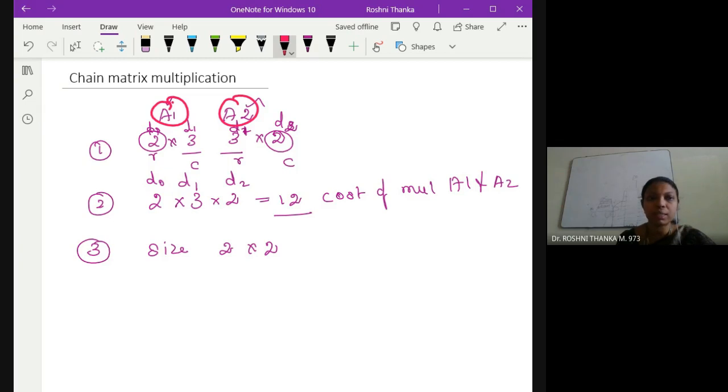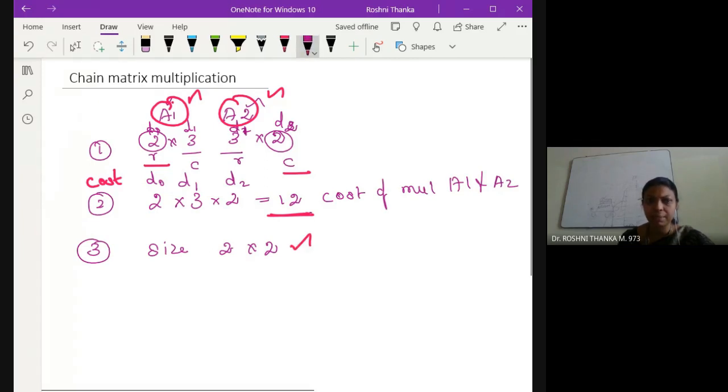We take D0, D1, which are the same, so we take one, D0, D1 and D2. When you multiply, the cost is 12, which means the number of multiplications required. And when I multiply A1 and A2, for the resultant matrix I have to take this row and this last column, and that will give you the resultant matrix size.